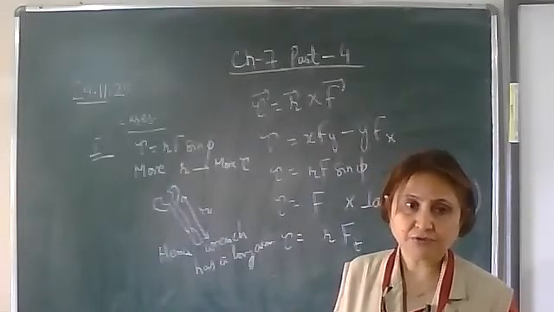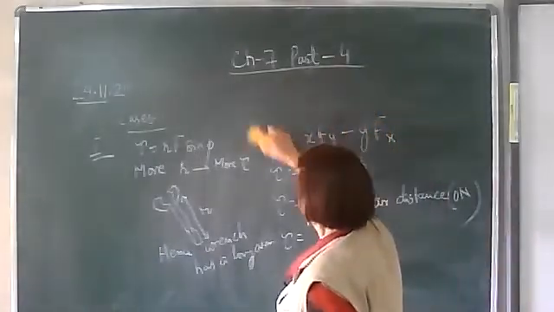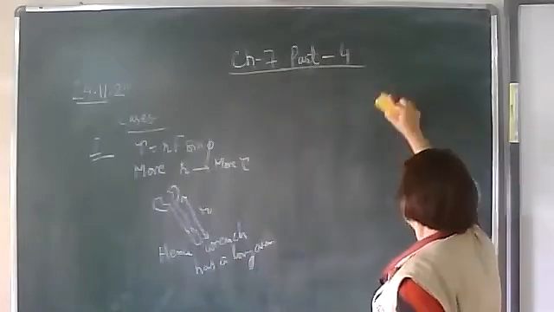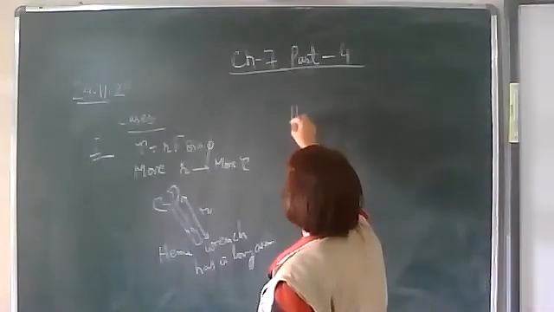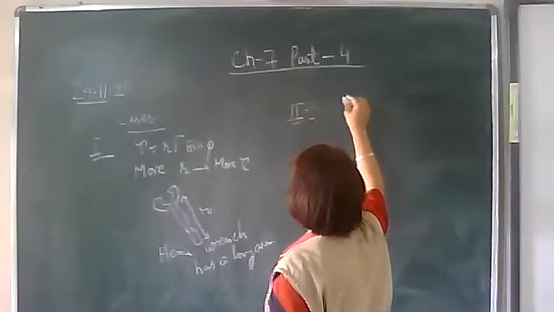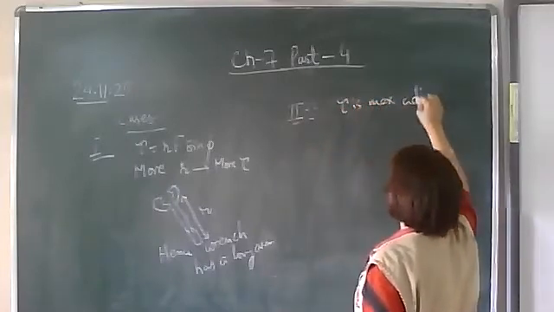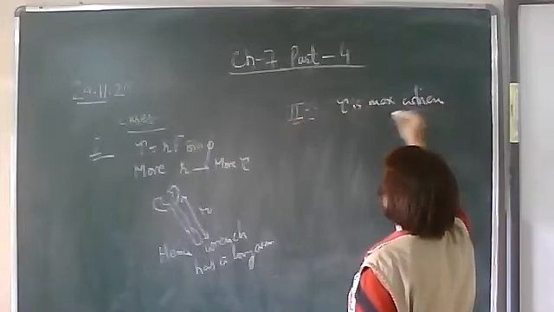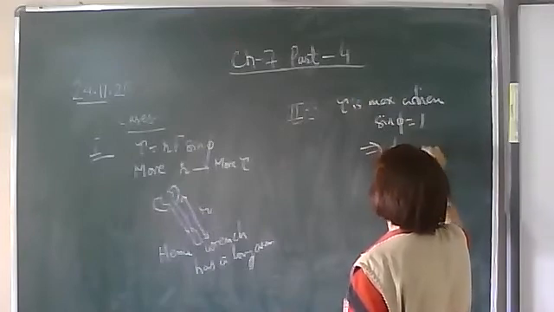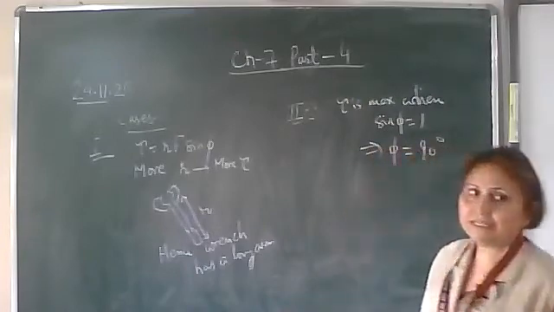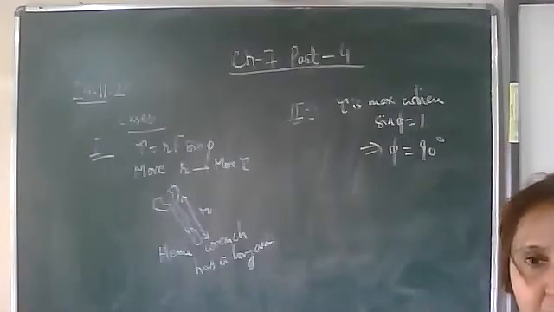When phi is equal to 90 degrees. So in the second case, tau is maximum when sine phi is equal to 1, that is phi is equal to 90 degrees. The angle between r and F should be 90 degrees for tau to be maximum.